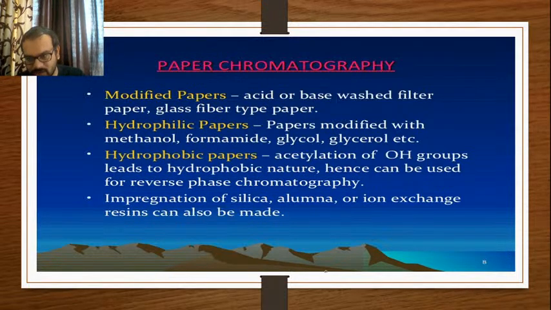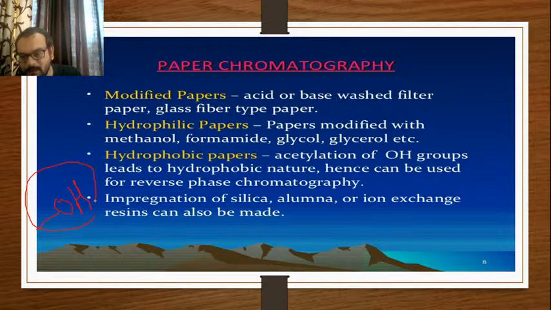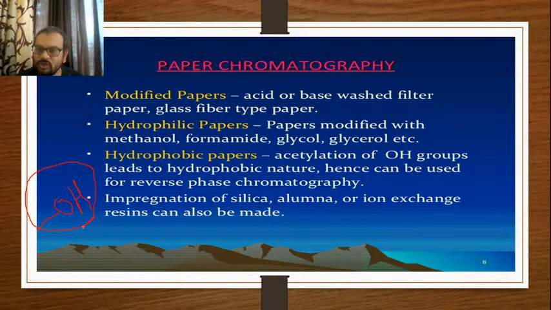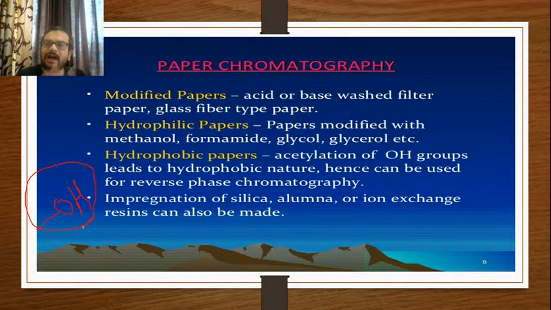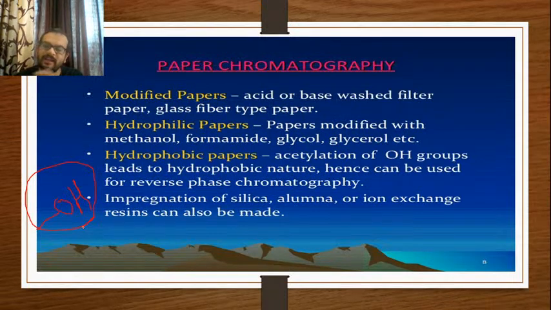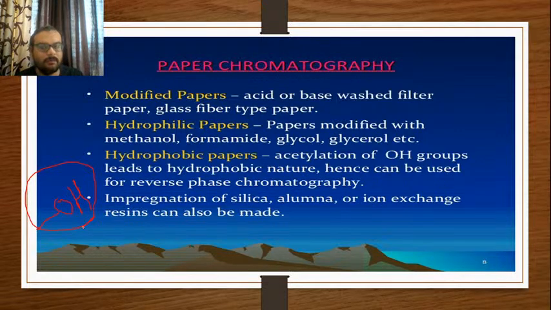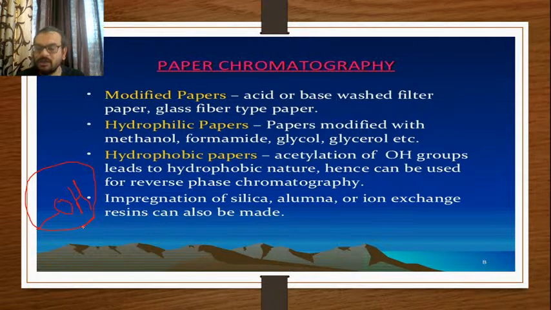What I mean to say is, the cellulose with a free hydroxyl functional group can be treated with different amounts of acids, bases, and resins, so that it can be converted into a hydrophilic form, a hydrophobic form, or any acidic or basic form. Then your paper, or more specifically your stationary phase, will become suitable for different organic compounds which are not going to be isolated, purified, or qualitated with simple Whatman filter paper.